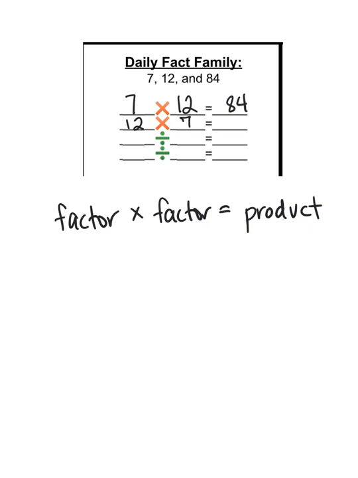Thankfully, we know the commutative property reminds us that we can also do 12 times 7 and still get the same product, 84. Next, we can take our 84, and that is going to become our dividend, or number that we are dividing. 84 divided by 12 will give us 7 in each group.